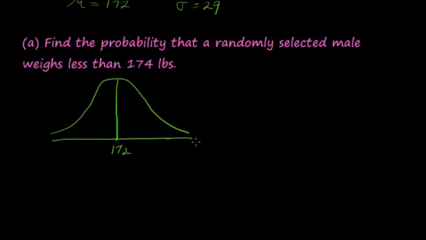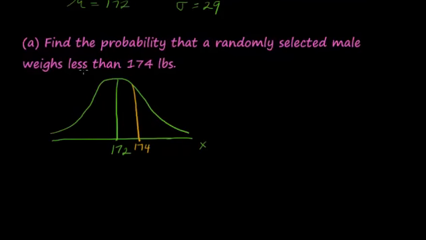These are what we call our x values along here, the weights, and then our particular one of interest is 174. So that would be to the right of 172. I'll just draw that right here. Here's 174.